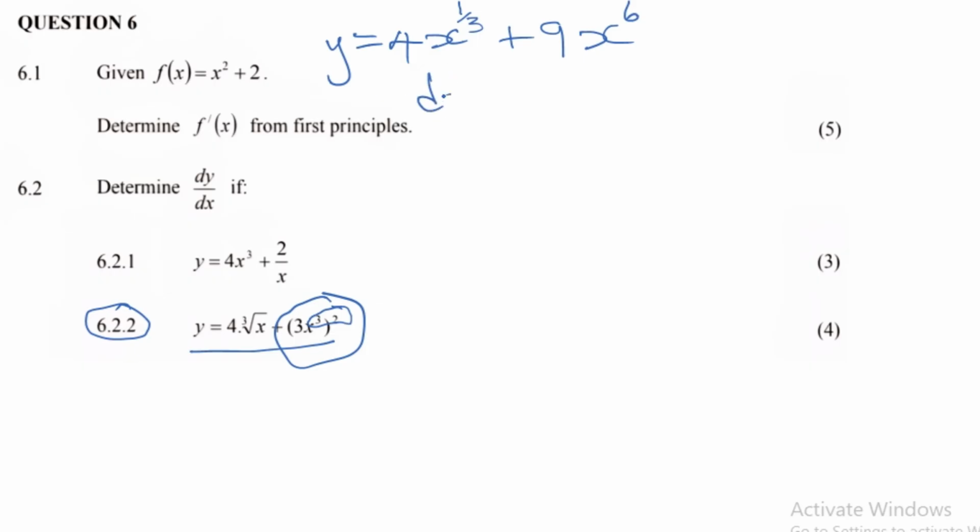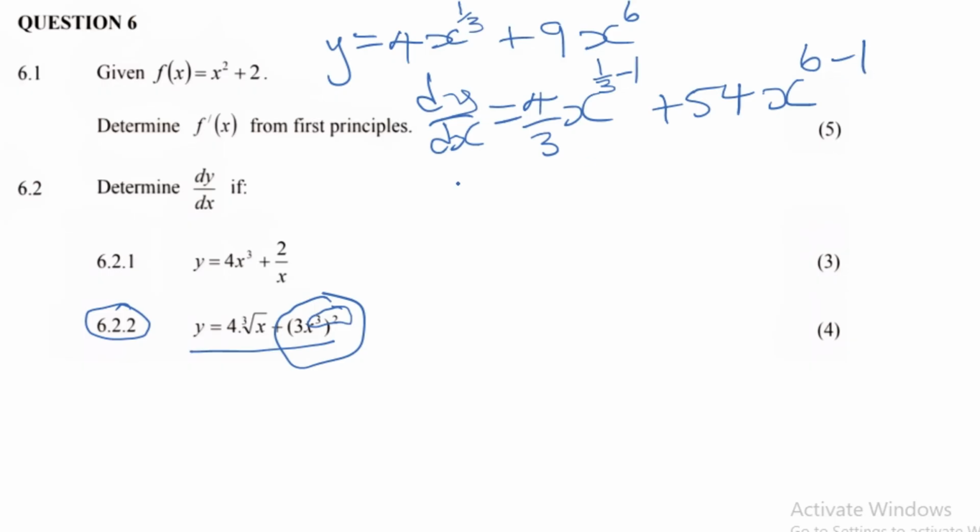So it's dy over dx. We will take the power, which is 1 over 3, and multiply 4, so we will get 4 over 3. Now that power there, we have to subtract by 1, so we will have 1 over 3 minus 1, plus, right here we need to multiply 6 and 9. That will give us 54. And then the power of 6, we subtract 1, so we'll have minus 1 there.